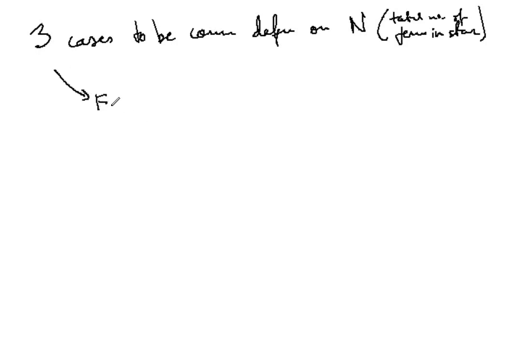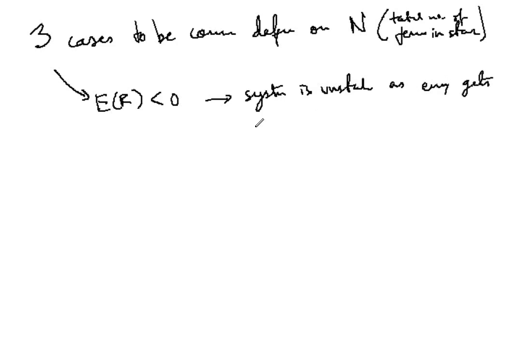The first case is ER less than 0, and so the system is unstable as the energy gets smaller and smaller. So this means the system is unstable as the energy gets smaller and smaller for what?